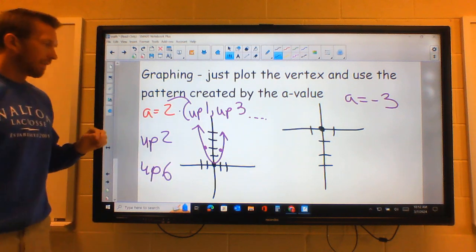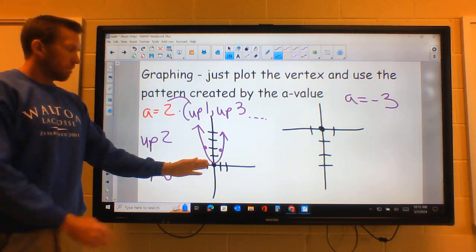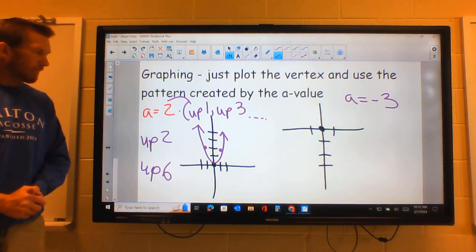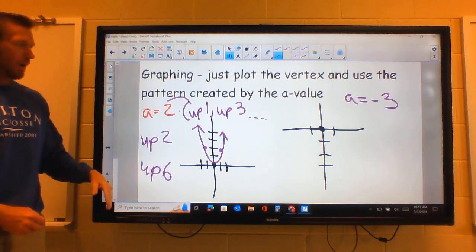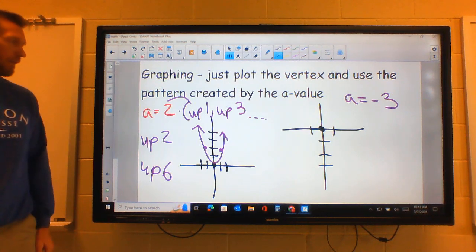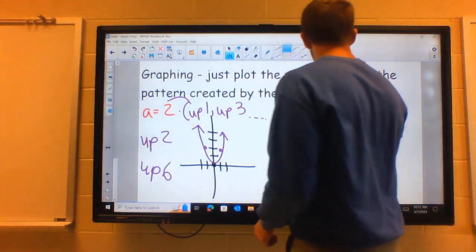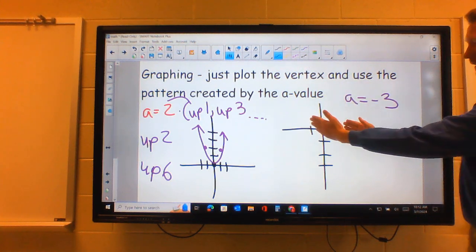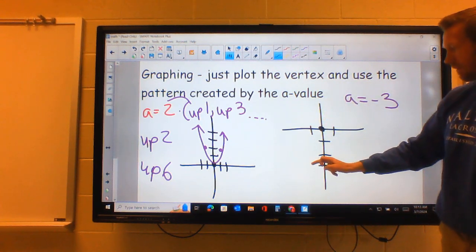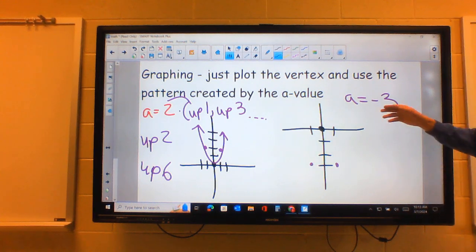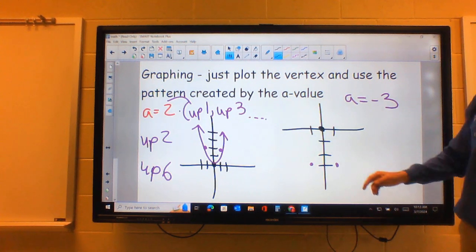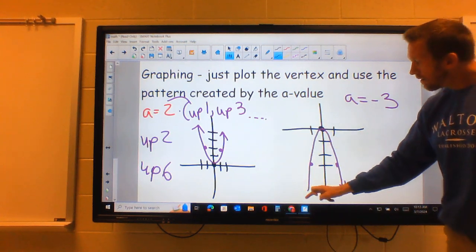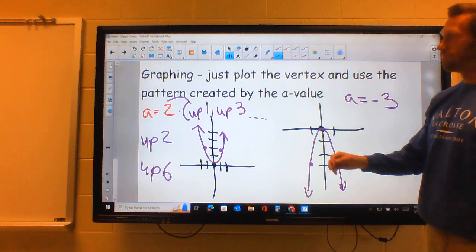As we go out 1, it's going to go up 2 in this case. Over here, this would be out and then down 3. An a value of -3 is down 3, down 9, etc., because it multiplies that pattern. So down 3 for that next point.